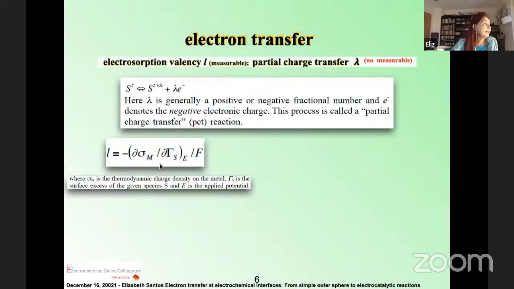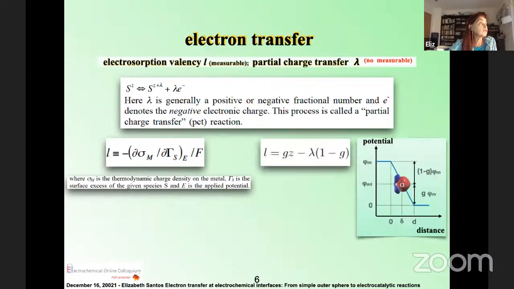But what we can measure experimentally is the change in the charge of the metal with the surface excess of a given adsorbed species. The relationship between this electrosorption valency and the partial charge transfer depends on a physical model. For example, here is one of them.